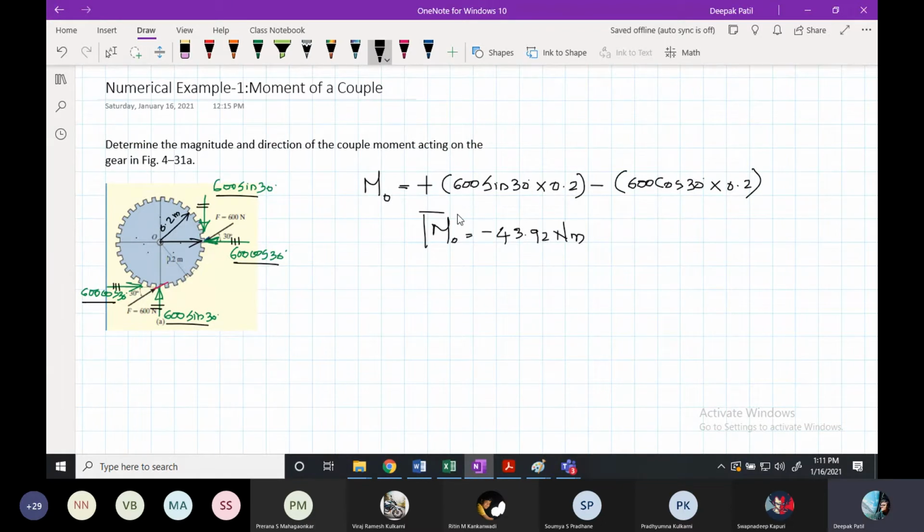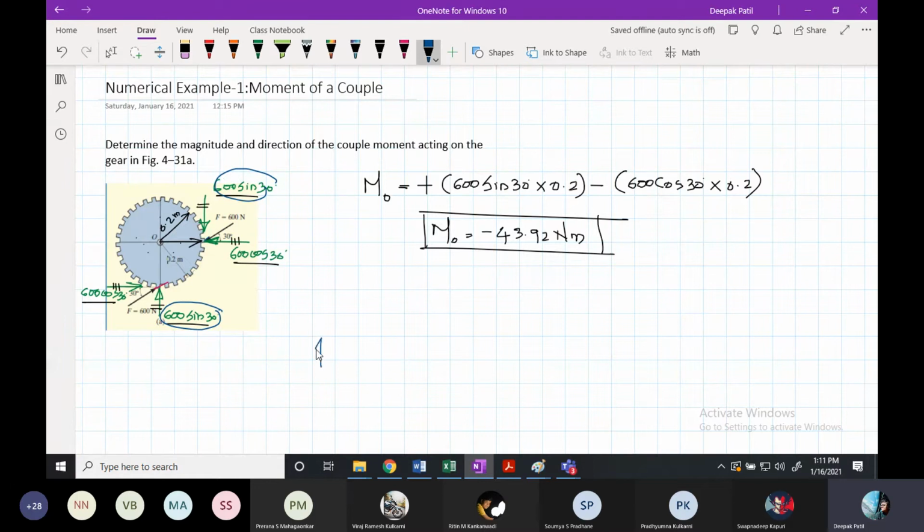Have you understood this, students? Sir, can I ask? Yes. How did you find out which one was clockwise and which was anti-clockwise? Could you re-explain it, please? Yes, just see here. You see these two first, 600 sin 30 and 600 sin 30. How are they acting?